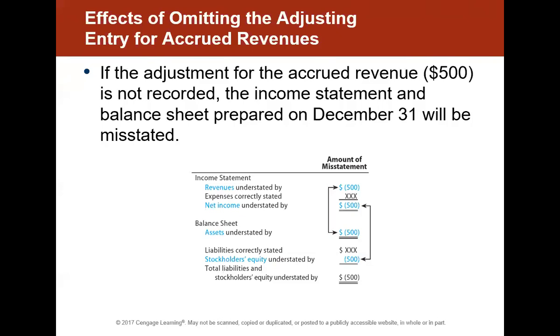Plus, we're not accurately reporting our assets. That might tick off our stockholders because the company looks like it's worth less, right? Because the equity is understated. So these have effects other than just on our bottom line.